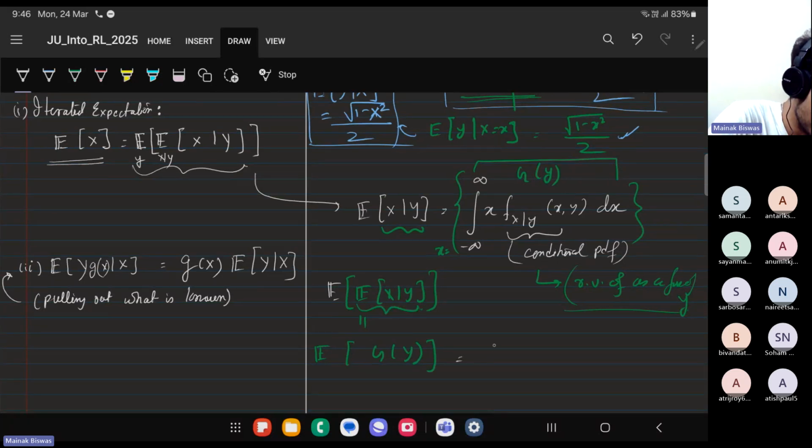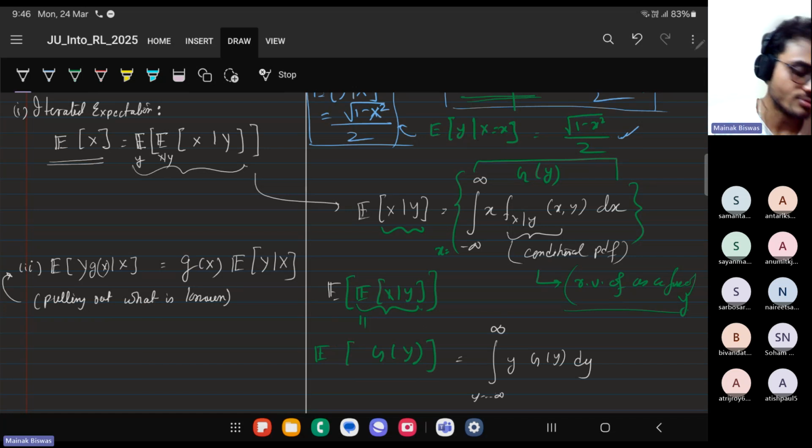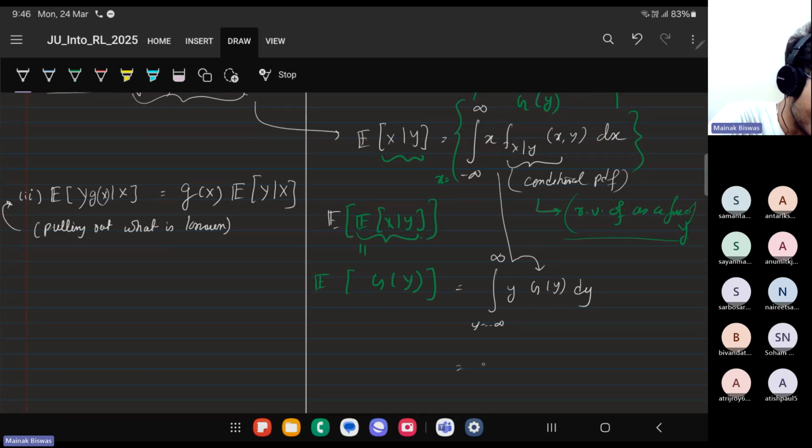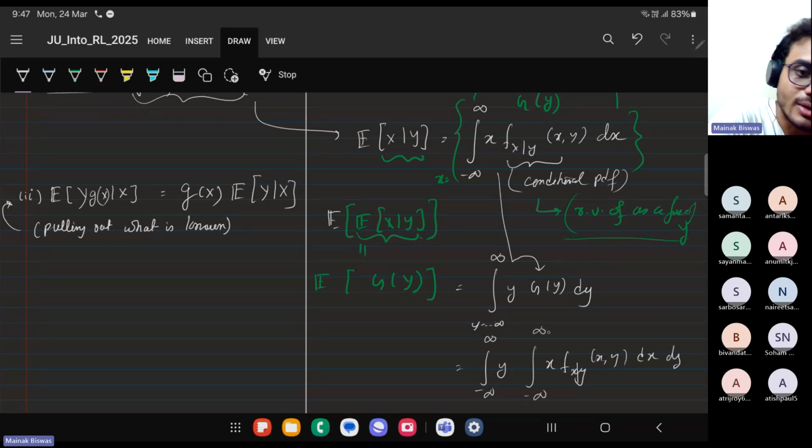This can be written as the integral of y g of y dy, y equal to minus infinity to infinity. Yes or no? And I just put the definition of g back in this integral. This is minus infinity to infinity, y times the integral of x f of x given y, dx dy. Is this clear to everybody? Any question?